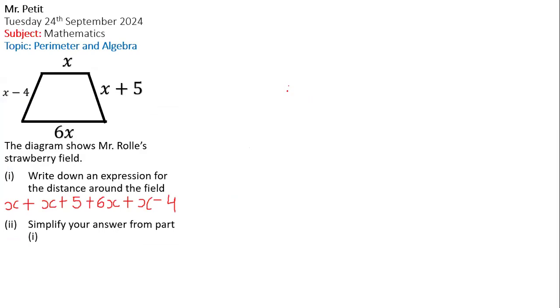But please note that this is the answer for this one right here. So in your book, please write it underneath. Do not put it on the side, write it underneath. Y'all understand what I'm saying? I don't have enough space.